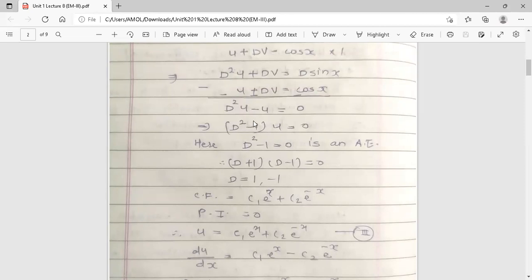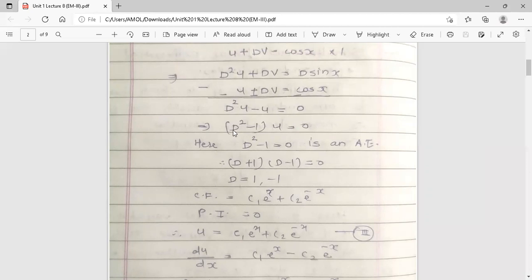This is in the form of phi of D into u is equal to f of x. Here f of x is 0, your function is 0, so in that case there is no need to find its PI, because PI depends on the function f of x. If f of x is 0, then its PI is obviously 0.